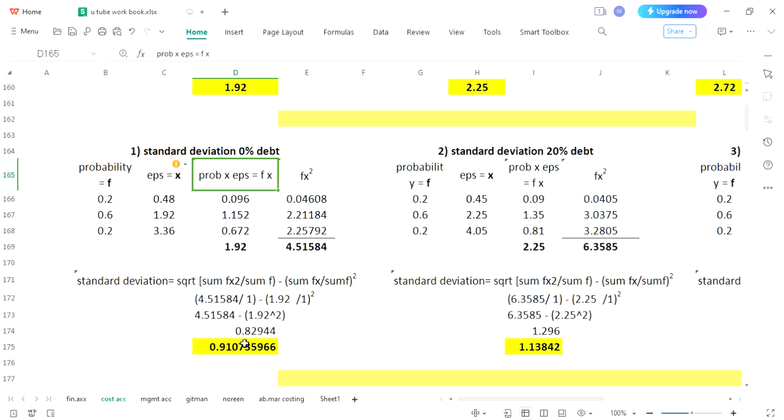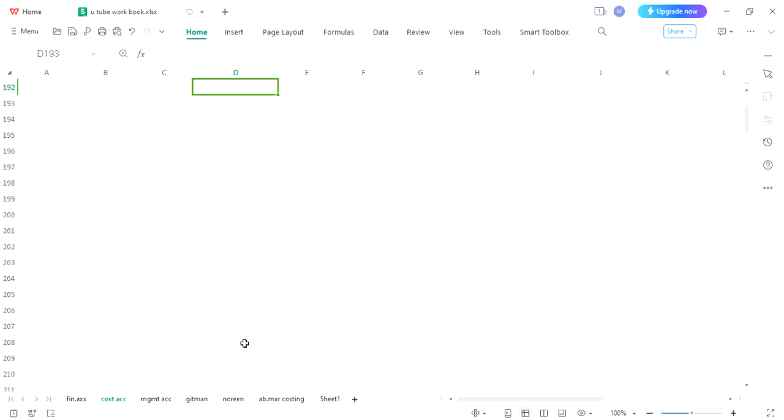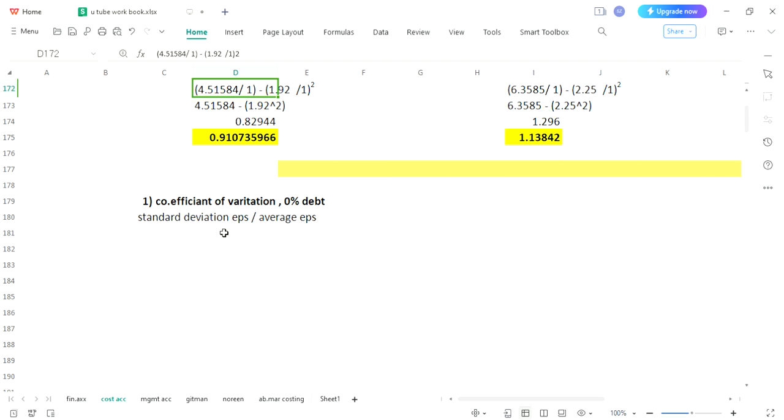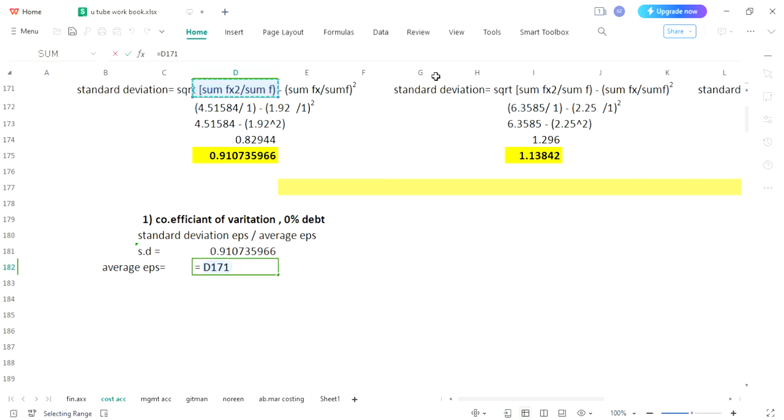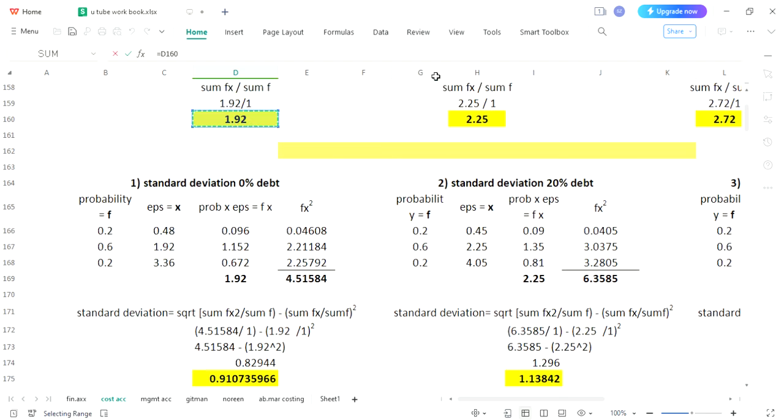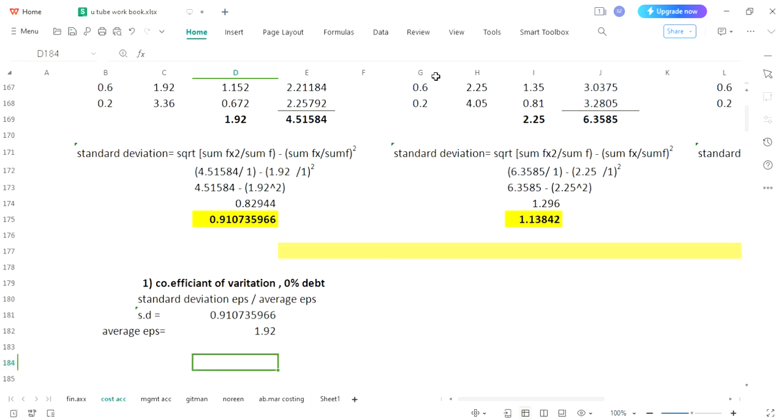It would be difficult to write over here, so instead, why not we mention your standard deviation was 0.91 and your average EPS was, again we'll have to see it from our question, and that was calculated here, 1.92. So both elements are mentioned.